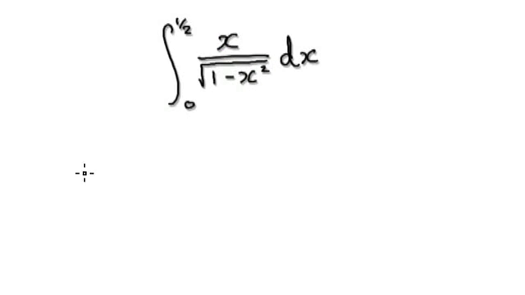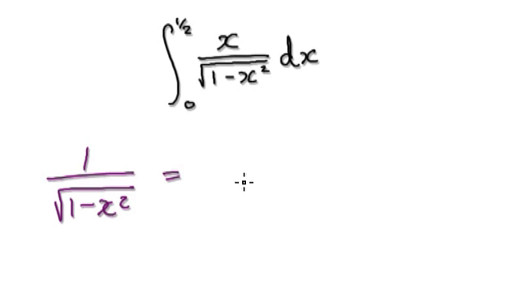So looking at this here, currently what you've got is something similar to this, square root of 1 minus x squared. Well, that's pretty much this, to the power of negative a half.